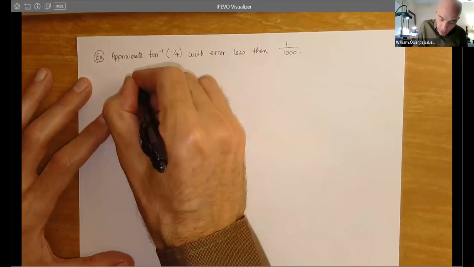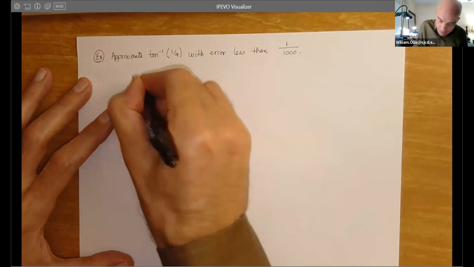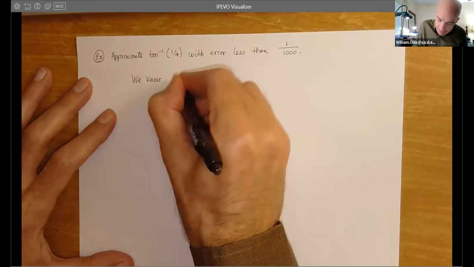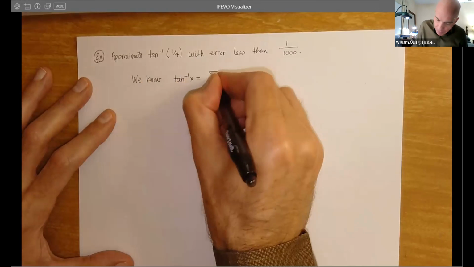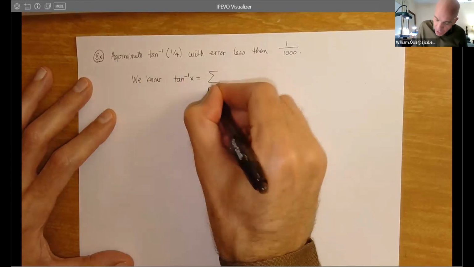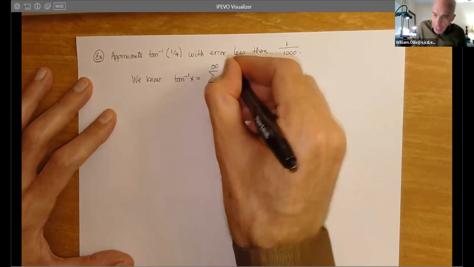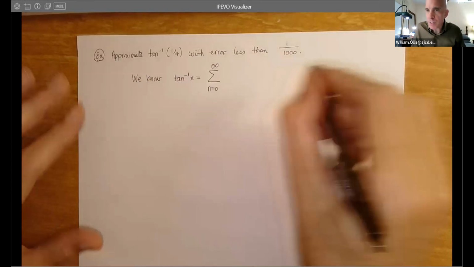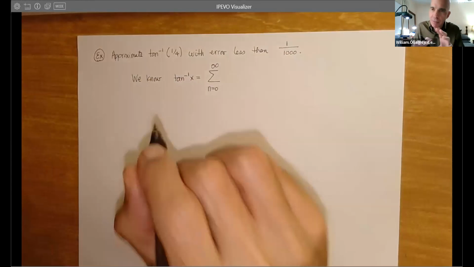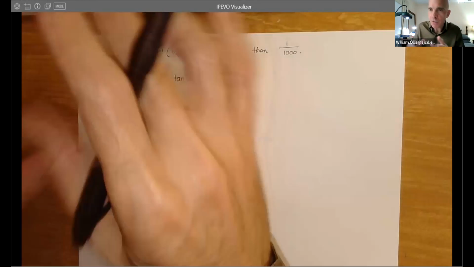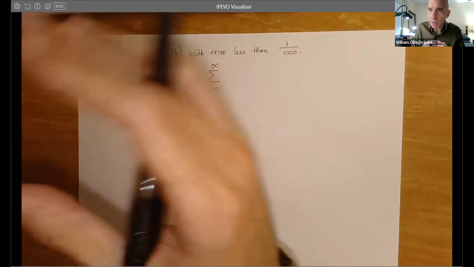So we know inverse tangent of x, we just derived this, is the sum from n equals 0 to infinity. And of course, the infinite series work for the geometric ones, even though, when you think about it, ladies and gentlemen, the power functions are easy for calculators to work with.